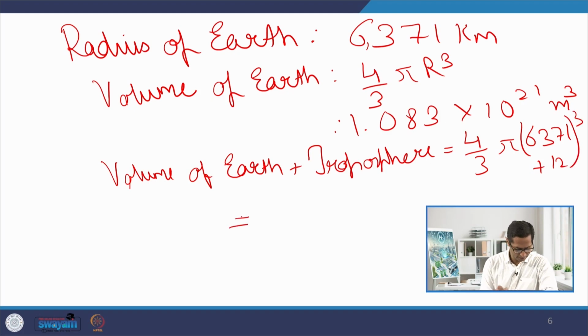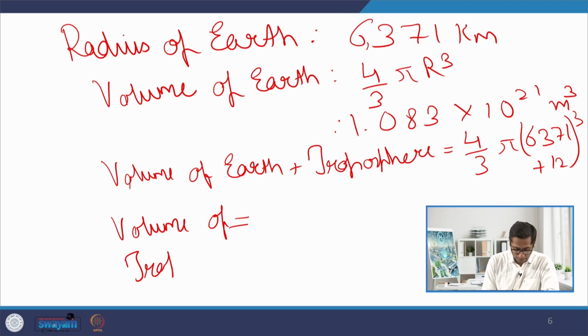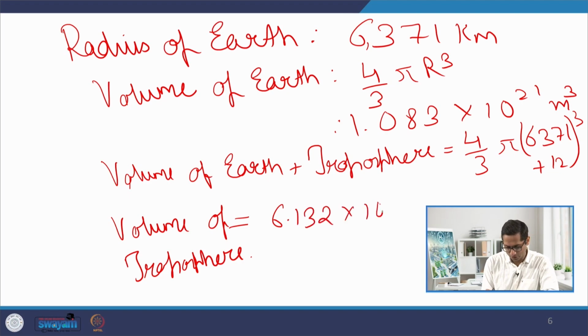The value of this particular number you can calculate for yourself, and then subtract the two spheres to get the volume of the troposphere, and the volume of the troposphere would come out to be roughly 6.132 × 10^18 meter cubed.